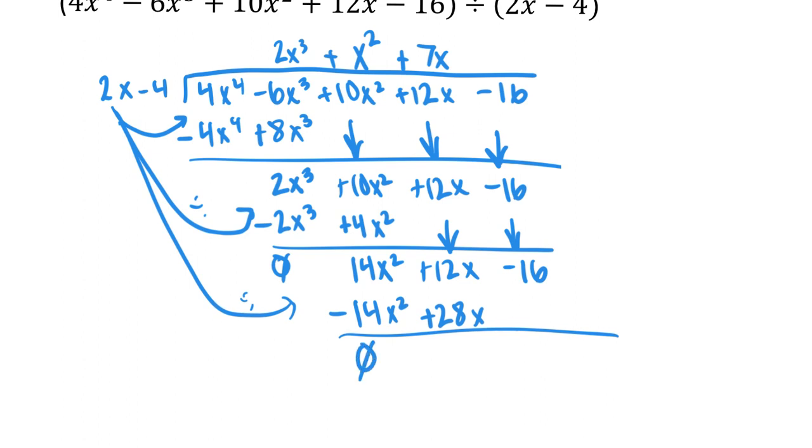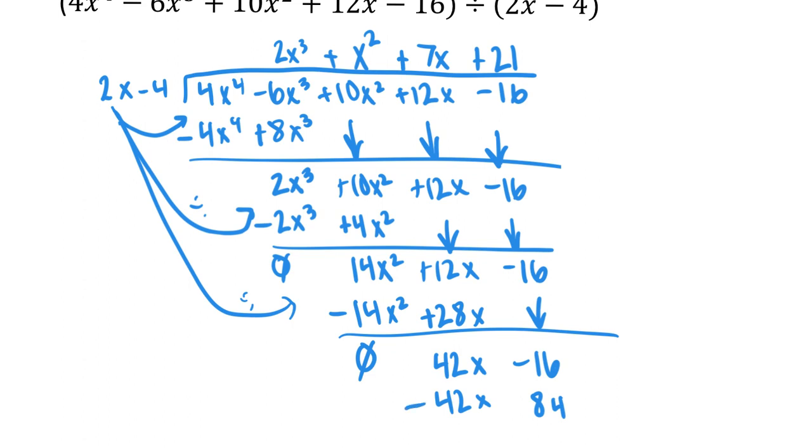And we've got 12 plus 28 is 42x minus 16. 2x goes into 42x 21 times. Oh boy. Okay, 21 times 2x is 42x, and 21 times 4 is 84.